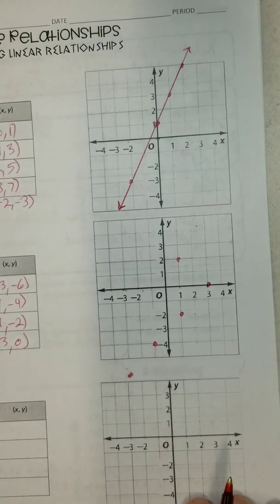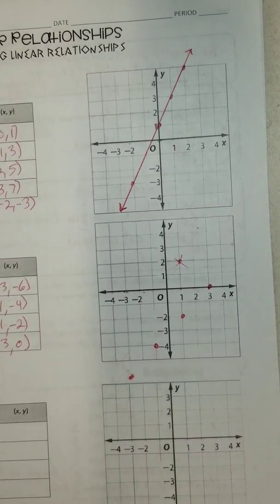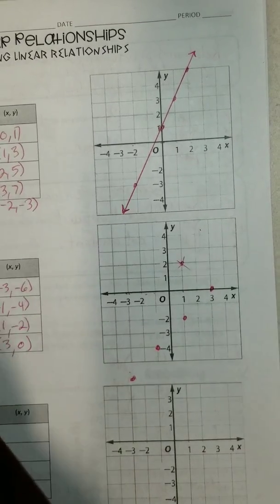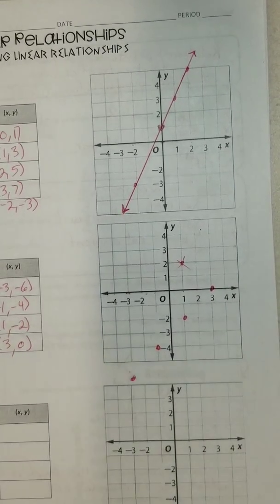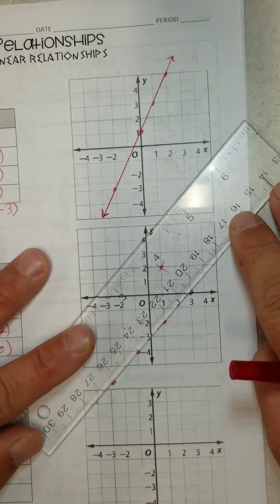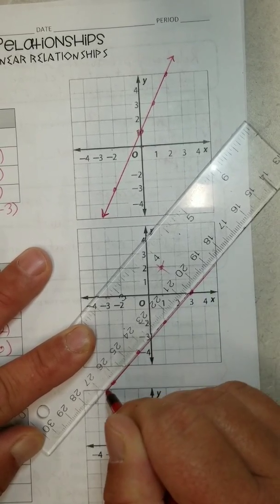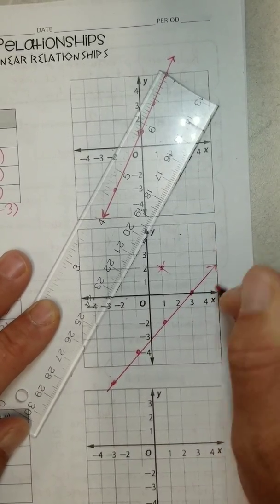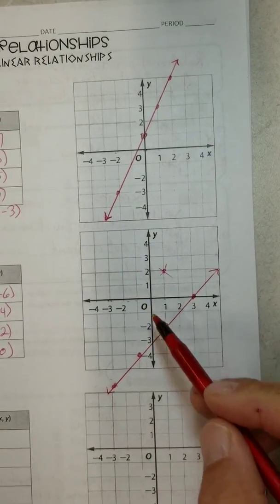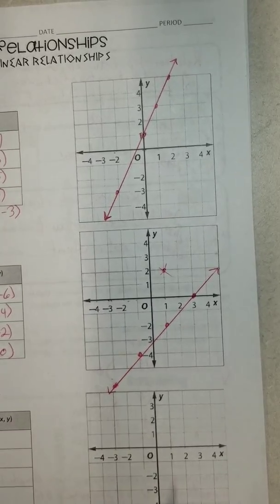Use my ruler. Draw a straight line. It does make a straight line, therefore it is linear. It does not go through the origin, therefore it's not proportional.